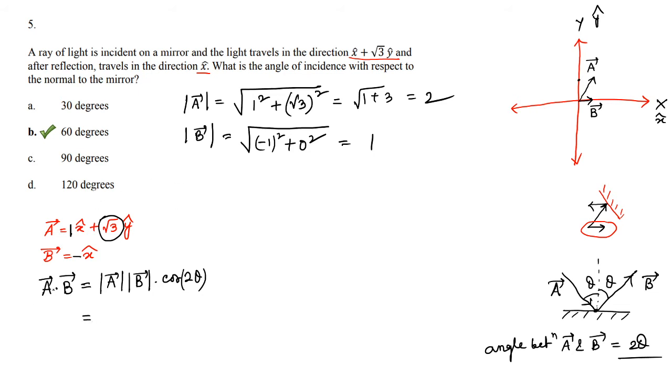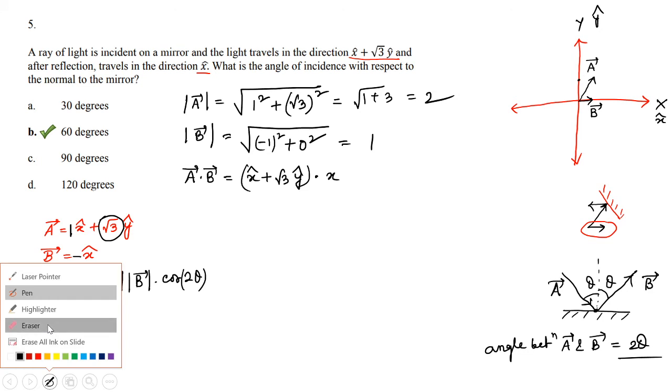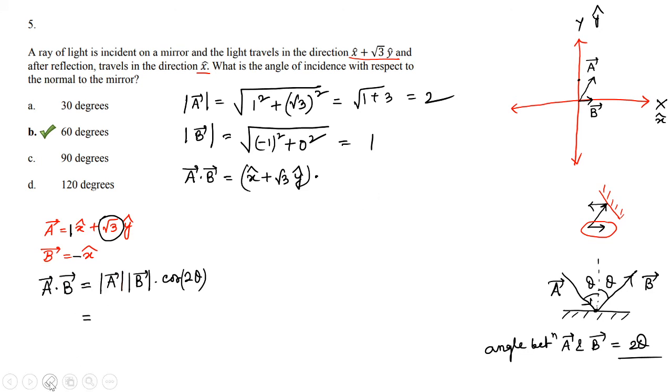And again we need to calculate A vector dot B vector, right? So A vector dot B vector, that is x cap plus root 3 y cap dot, sorry, it is minus x cap.